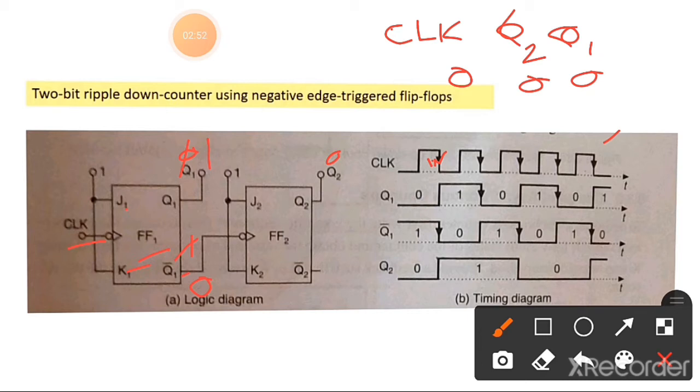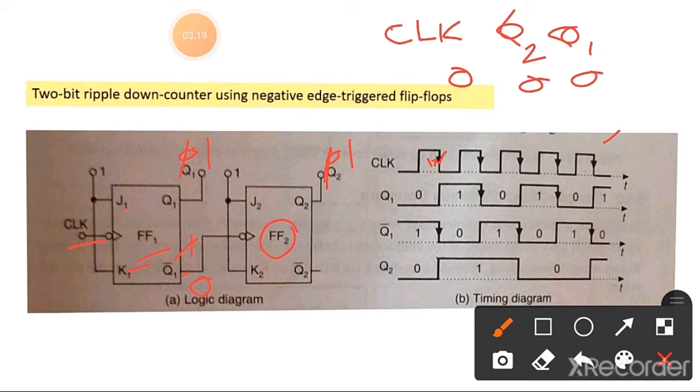So this 0 is a negative going edge, given to the clock input of flip-flop 2. So it is activated, and its output Q2 will be complemented, that is toggled, and it changes to 1.